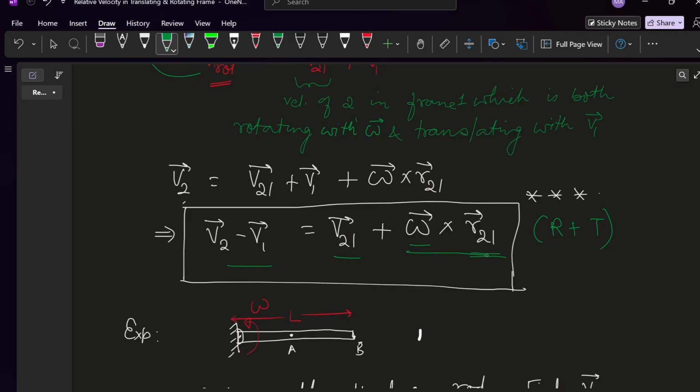We have got one more term over here. v2 vector minus v1 vector is equal to the v21 vector plus omega cross r21 vector. Very, very important, and you will remember this equation.